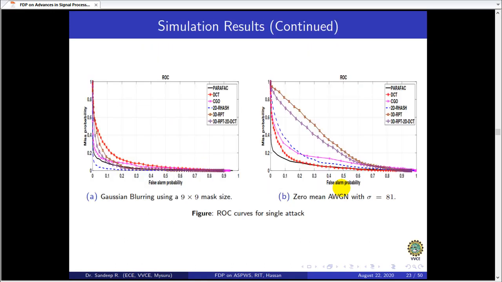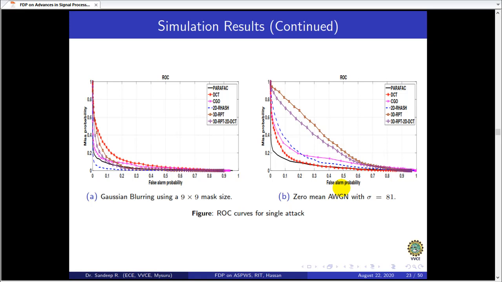The performance of the perceptual video hashing algorithms was evaluated using receiver operating characteristic curves. It is the plot of the miss probability versus the false alarm probability. Say, for example, if I am developing a near duplicate video retrieval application, what is the miss probability? Suppose two videos are perceptually similar, but the algorithm says that no, they are different; we have missed that.